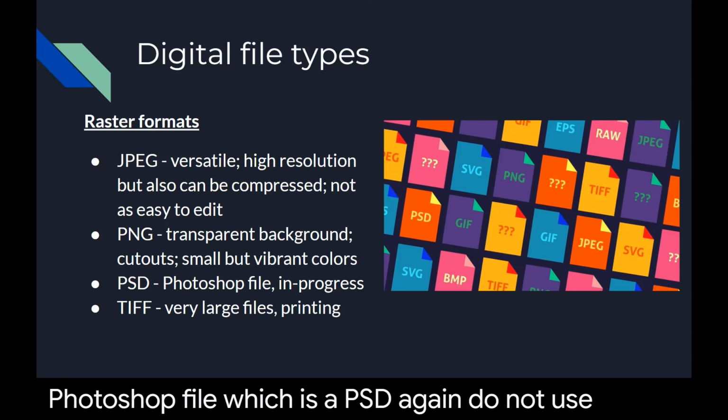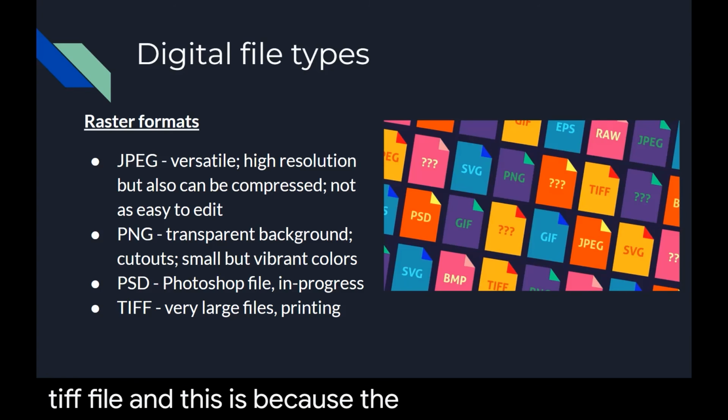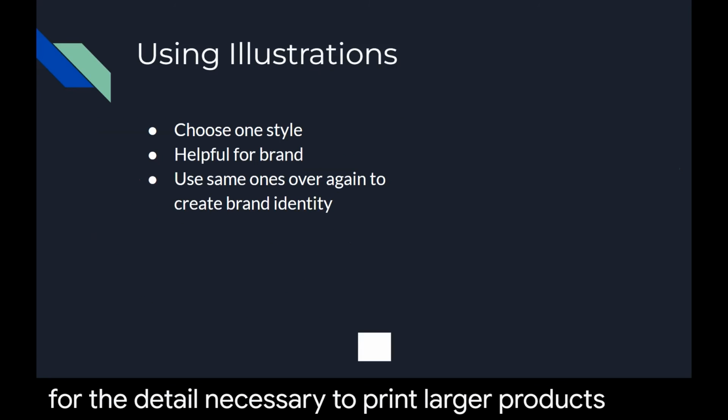Again, do not use these as your final product, similar to the AI file on the vector images. And then if you're printing something very large, your printer is likely going to ask you for a TIFF file. And this is because the very large files allow for the detail necessary to print larger products.